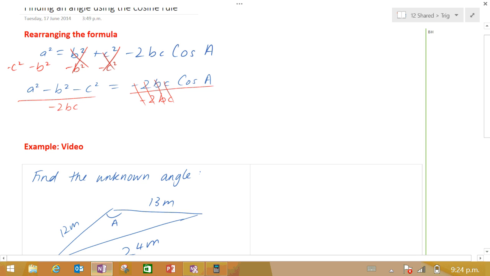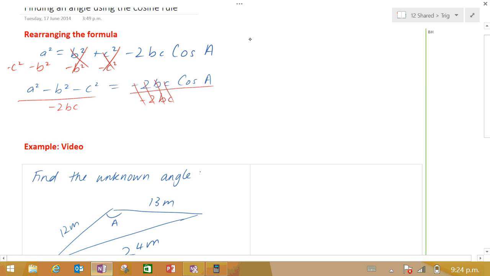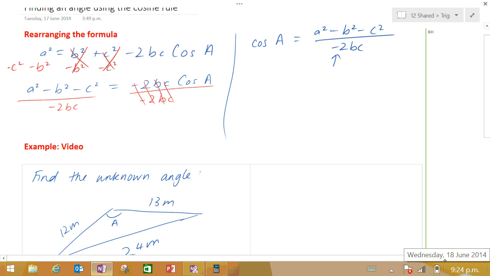Okay, so let's write that out. I can say cos A equals a squared minus b squared minus c squared all over negative 2bc. With this negative, it's a bit funny having a negative like that on the bottom of a fraction, so what I'm going to do is change all the signs around on top and bottom.